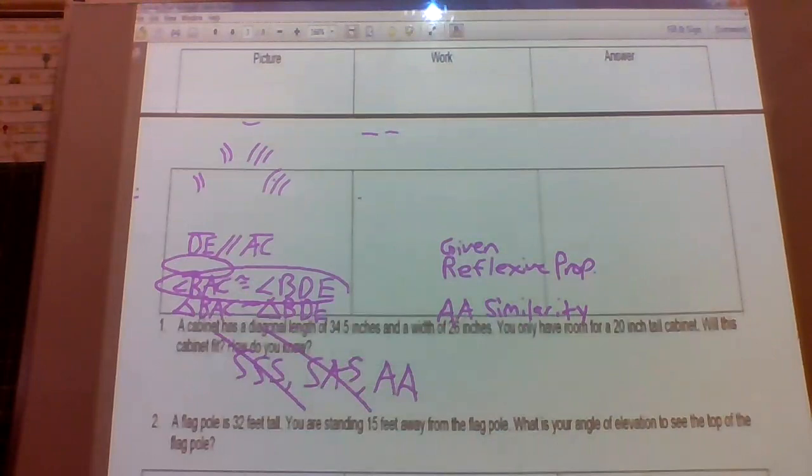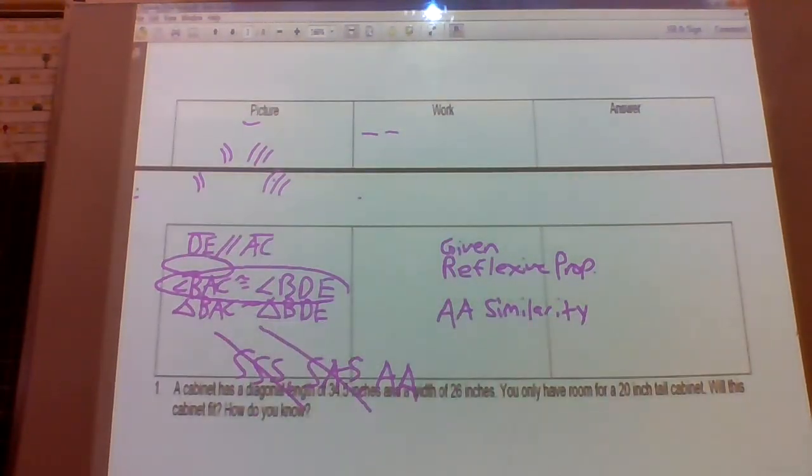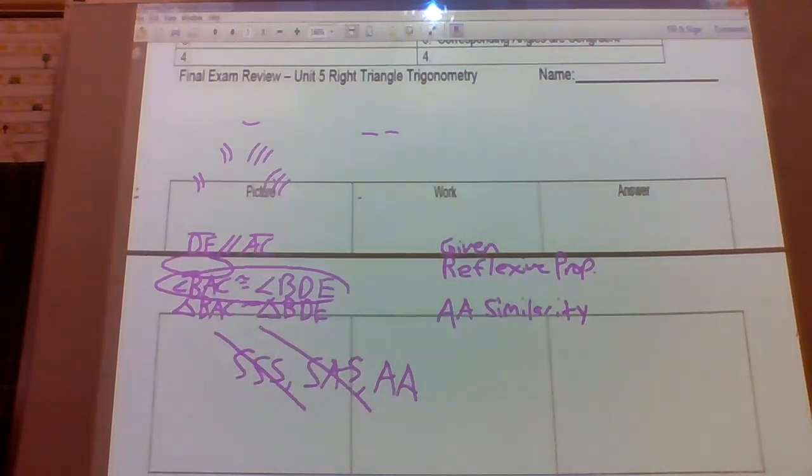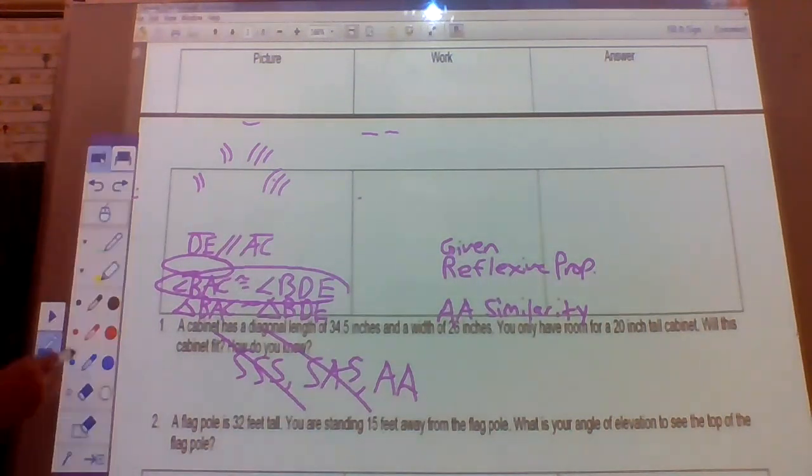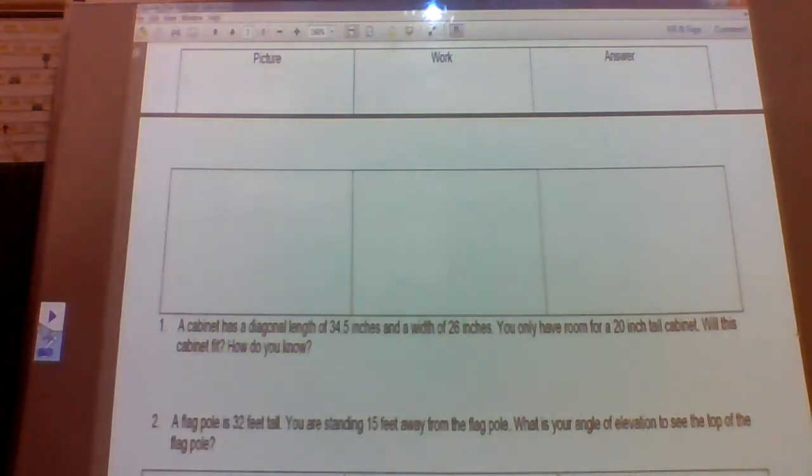So we want a picture, work, and answer. Mine's a little out of order, but we'll deal with it. So this is number one here for the trig part. A cabinet has a diagonal length of 34.5 inches and a width of 26 inches.